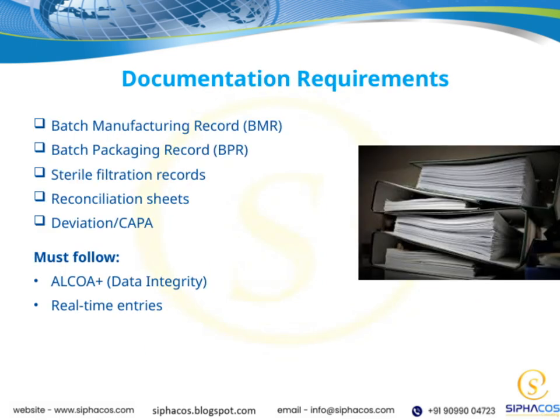Let's talk about the key documentation requirements that support our quality and compliance standards. First off, the Batch Manufacturing Record, or BMR, is essential because it provides a detailed log of every step taken during the manufacturing process. Next, we have the Batch Packaging Record, or BPR, which documents all packaging activities to ensure traceability and accuracy.